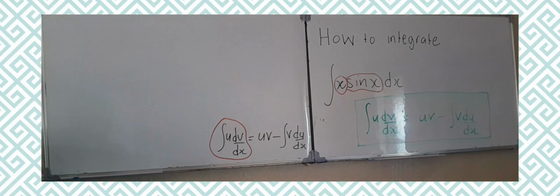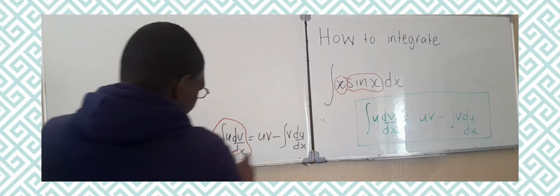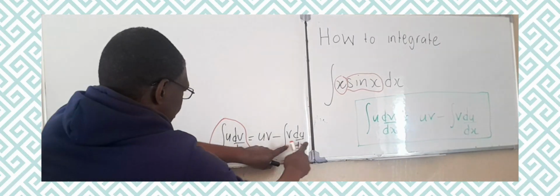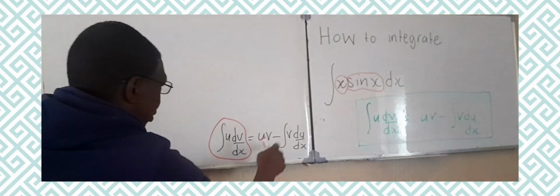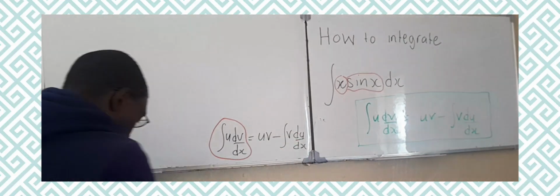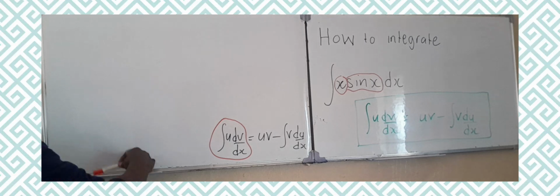So you have to make one of them u and one of them dv/dx, so that when you are over here, you now have to integrate v du/dx. Let me show you what that means with reference to our problem.